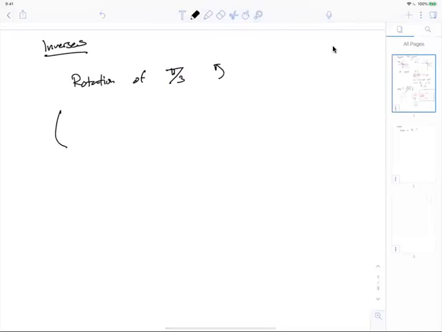And from before, we know that the matrix is then going to be just a cosine sine matrix. So there we go. Right, so that's the matrix. This matrix corresponds to this thing.